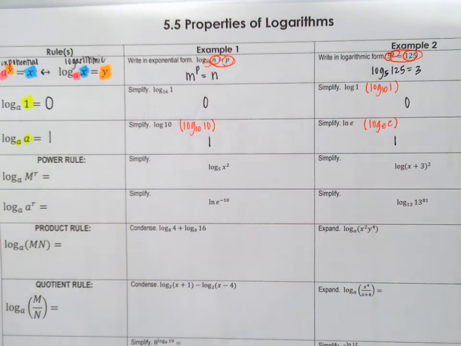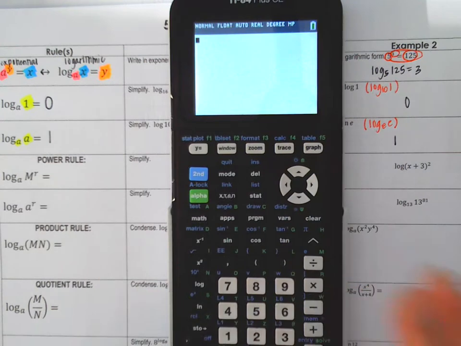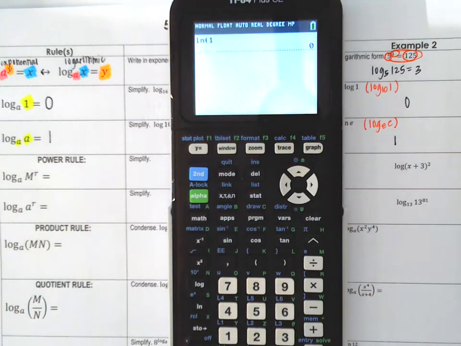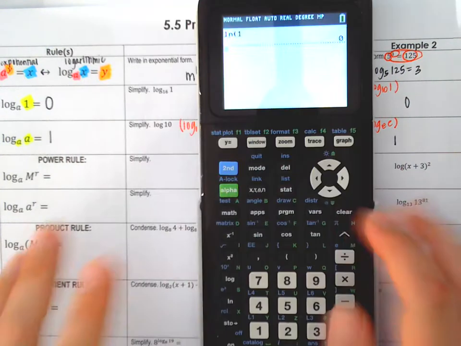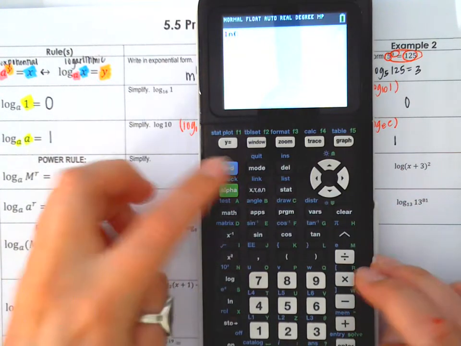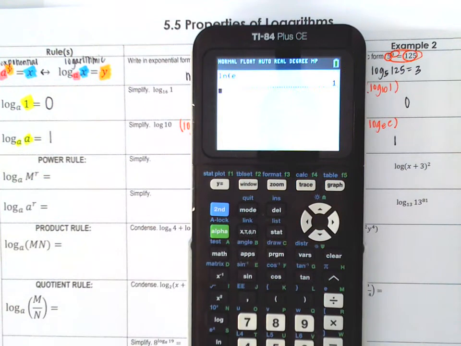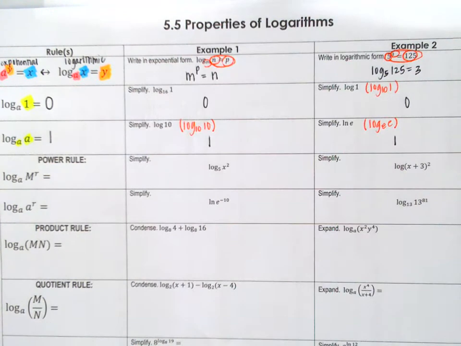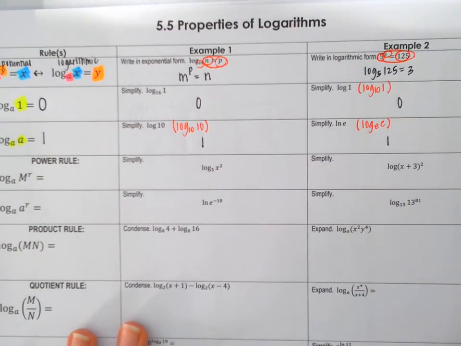Now, this one is huge, actually, and I'll show you why it's so important. ln e, I'm sorry. Okay, ln e gets us 1. Log 10 gets us 1. Now, ln e is one of those ones that I would basically memorize. ln e is so big.